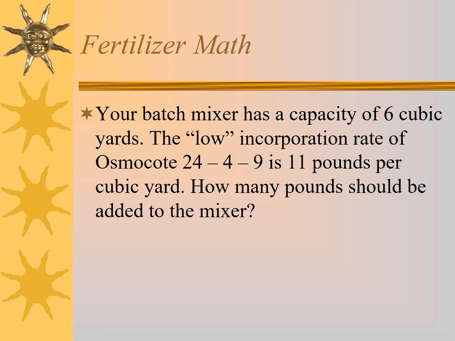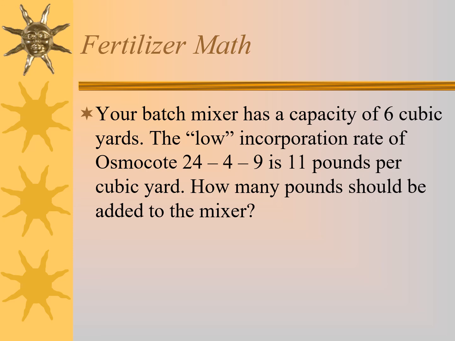Batch mixers come in different sizes based upon their volume in cubic yards. If you know the volume of a batch mixer, or if you know the volume of the potting medium that you're going to add to the batch mixer, it's pretty easy to calculate how much fertilizer to add for incorporation.